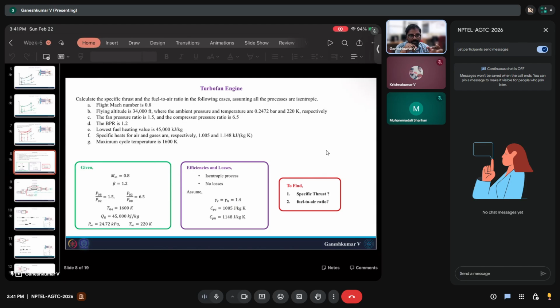Or the other configuration is that the high pressure turbine runs both the low pressure and high pressure compressors, and the low pressure turbine just runs the fan. So there are two different configurations you can do in the turbofan engine, and we will solve one of them next week.